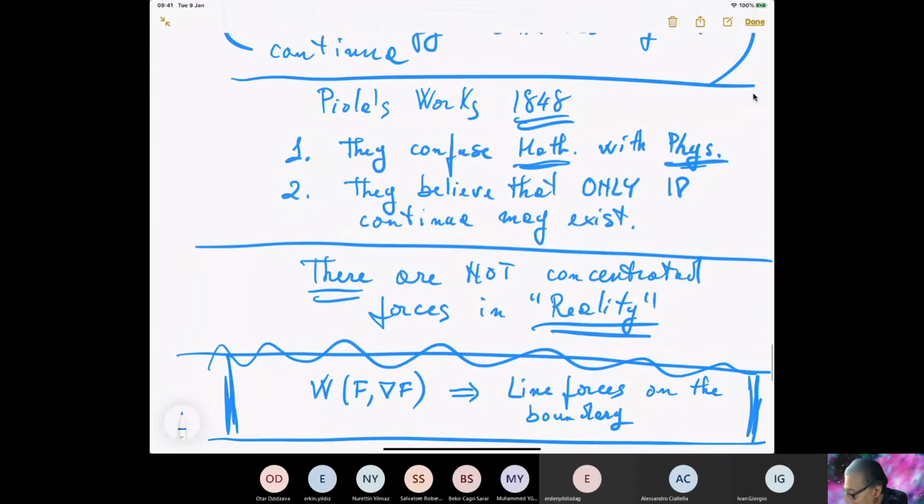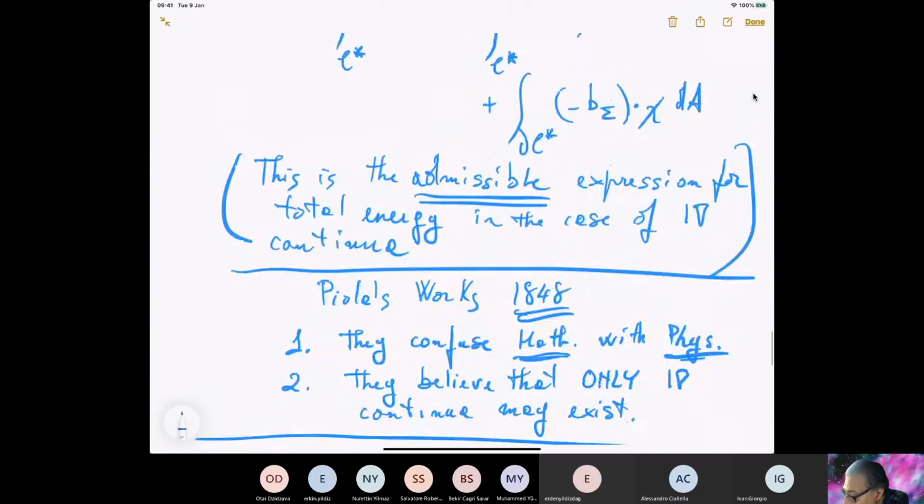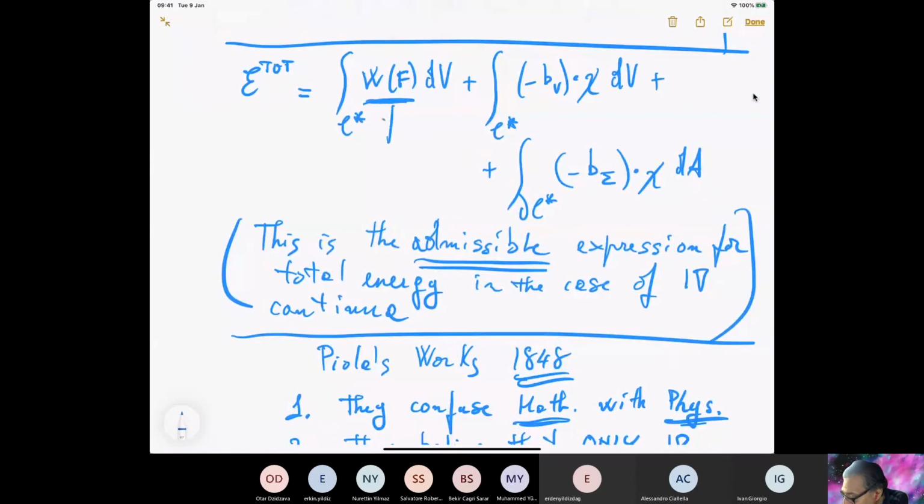So, in this context, never believe that this is the only possibility. This is not true, okay? In general, every mathematical model is based on assumptions.